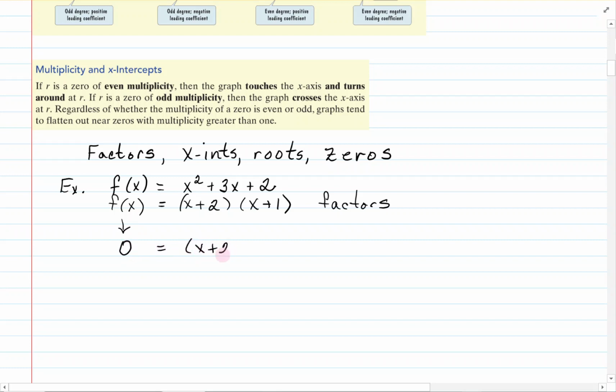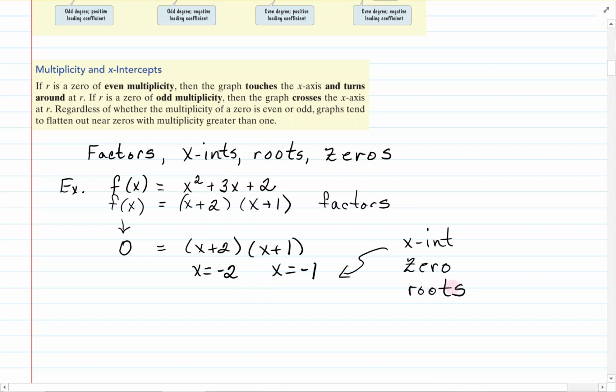When I solve x plus 2 times x plus 1 equals 0, I get x is negative 2 or x is negative 1. These are called x-intercepts when we talk about the graph. They are called zeros because they are x values when the function f of x is 0. They are also called the roots. So I will use these three words interchangeably, and please note that they are related to factors.